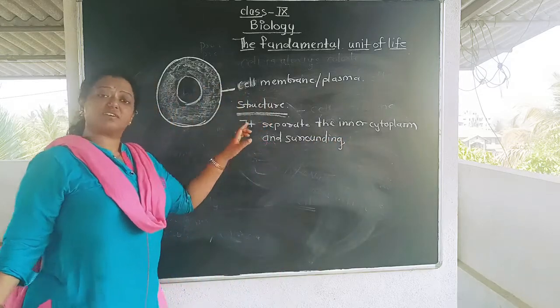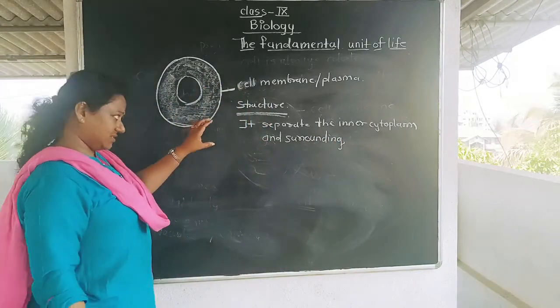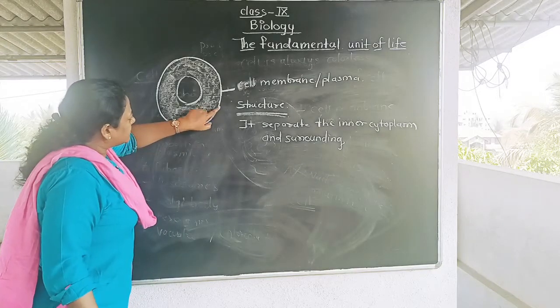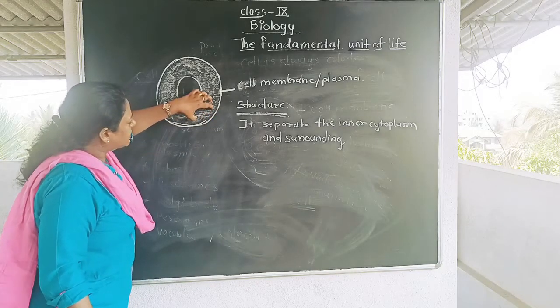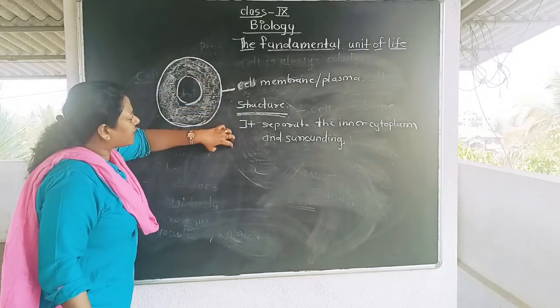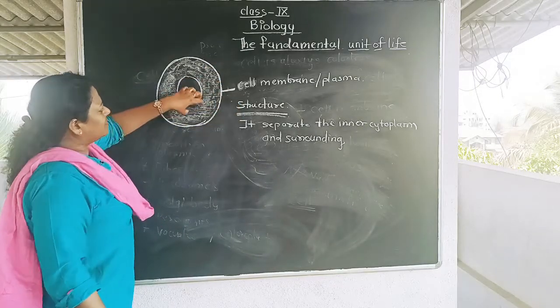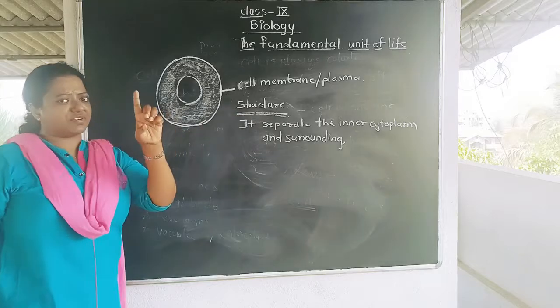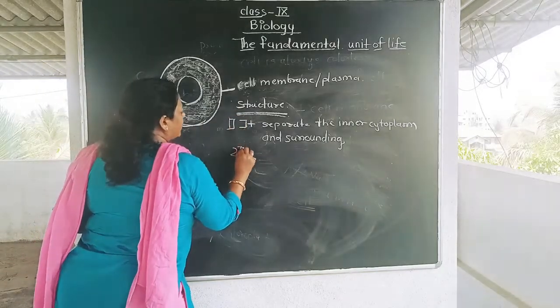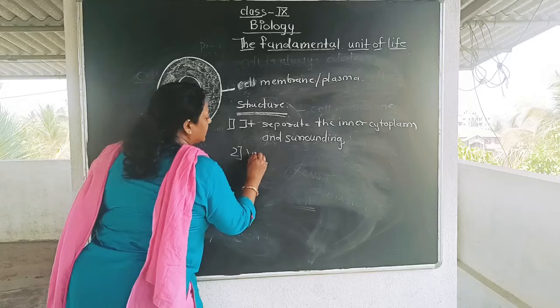Means what, students? It's the first point of the structure. This is the cell membrane. Inside it, cytoplasm is there. Outside, the surrounding is. So the cell membrane separates the cytoplasm and the surrounding. This is the first point of this structure. Okay, first point. Second point is that it is very thin.